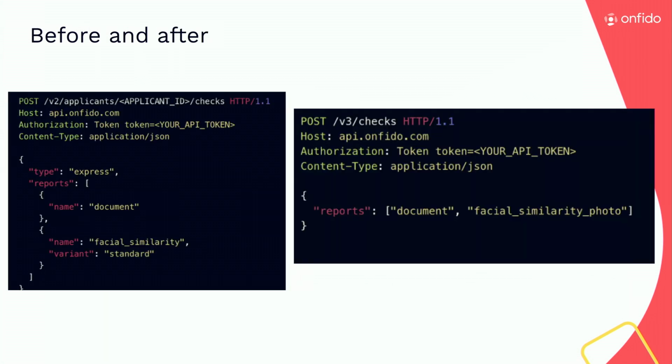On the left here, you'll see the V2 documentation. This is just a snippet from V2. You might be able to appreciate that the endpoint structure right at the top is a lot longer than it is on the right. These two things are doing exactly the same thing, one's V2 and one's V3.